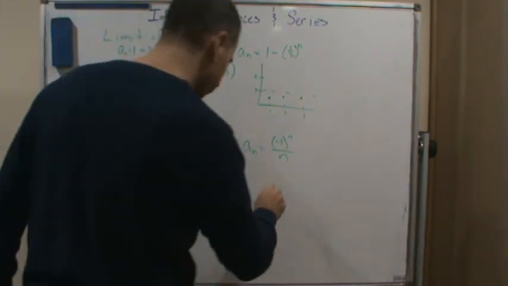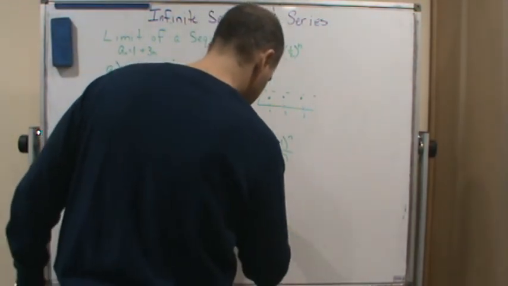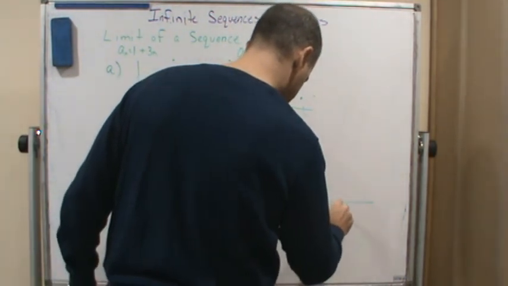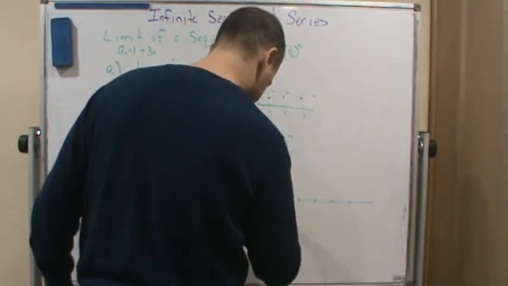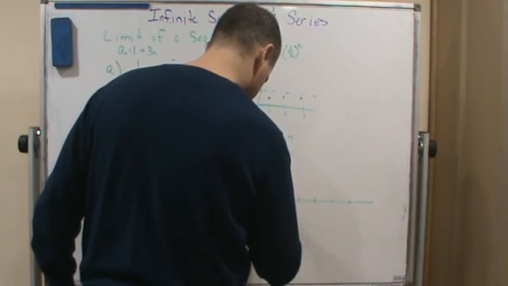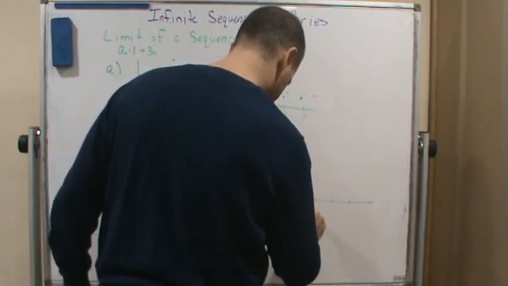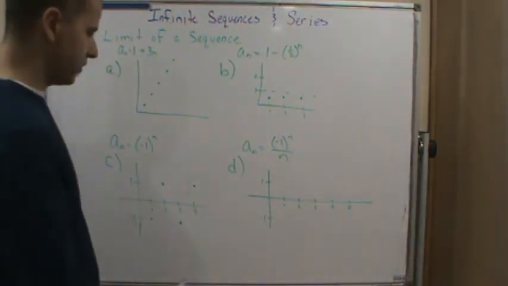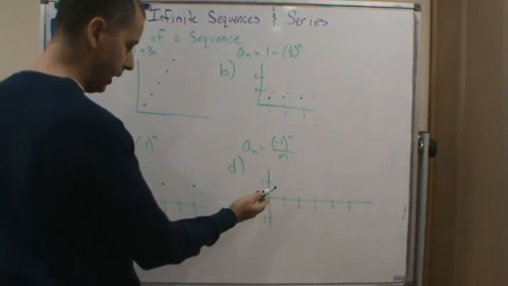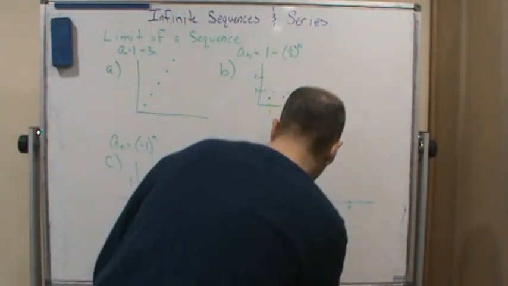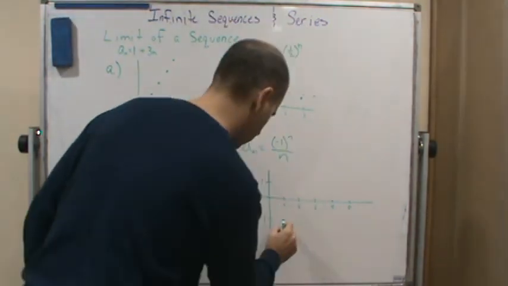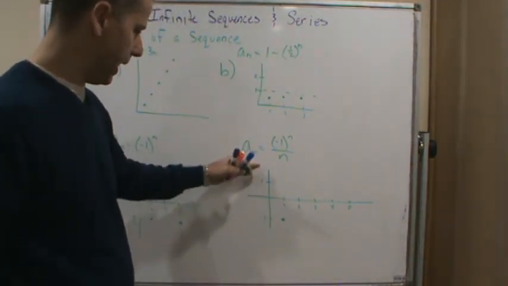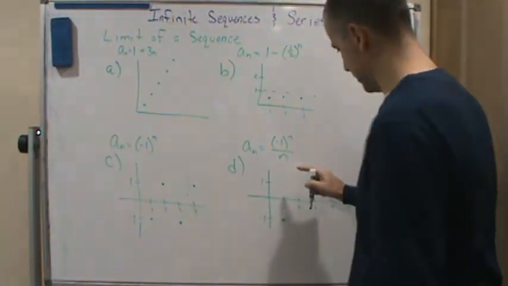Now this one, D, starts at -1. But as it bounces back and forth between positive and negative, it's getting closer and closer to 0.